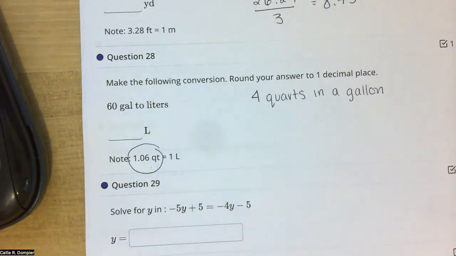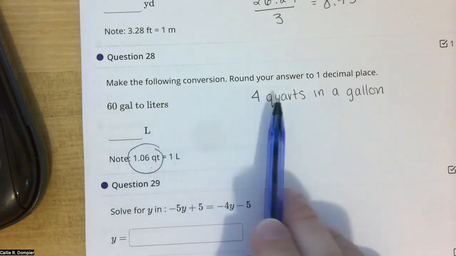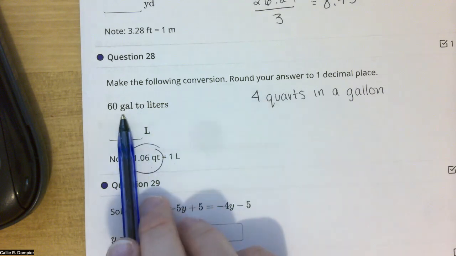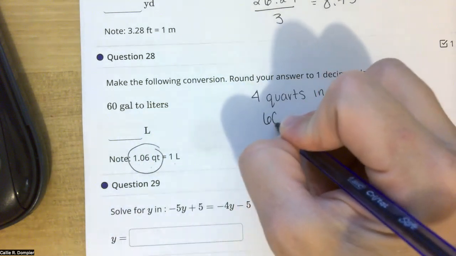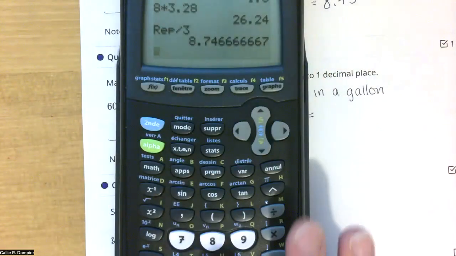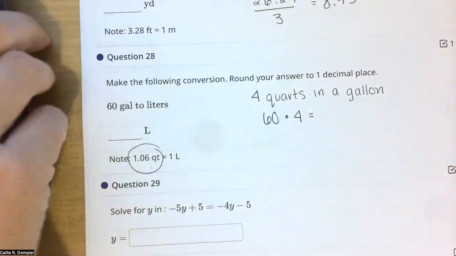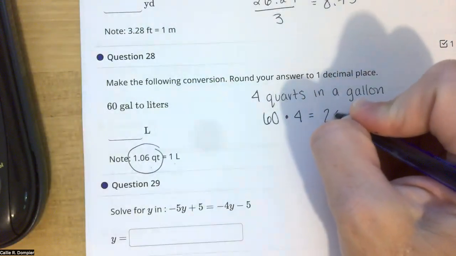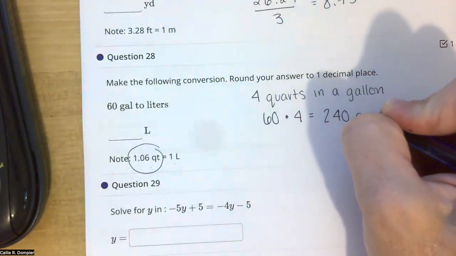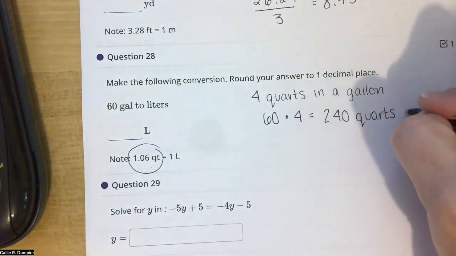Okay, we have 60 gallons. We can convert quarts to liters, but first we need to convert gallons to quarts. 60 gallons into quarts, we'll multiply by 4. 240. So there are 240 quarts in 60 gallons.